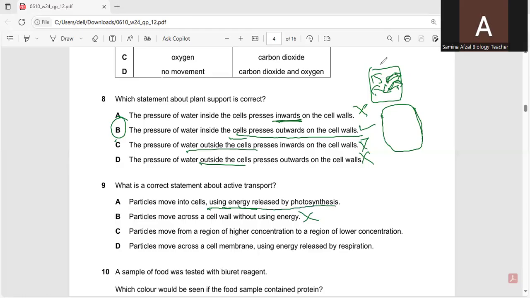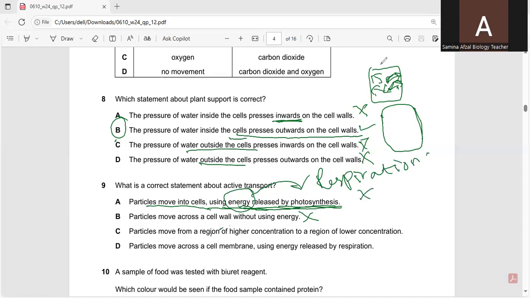Particles move into the cells using energy released by photosynthesis. No, energy is not released by photosynthesis; food formation takes place there. Energy is released as a result of respiration, not by photosynthesis. So this is not the correct option.